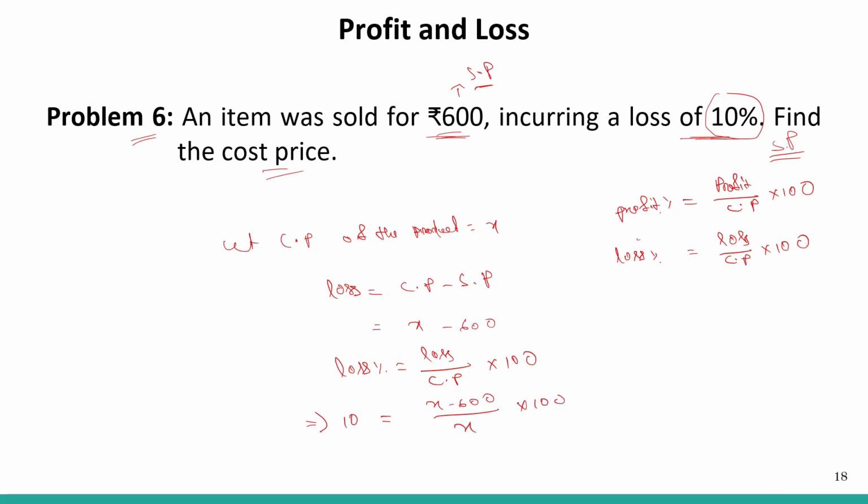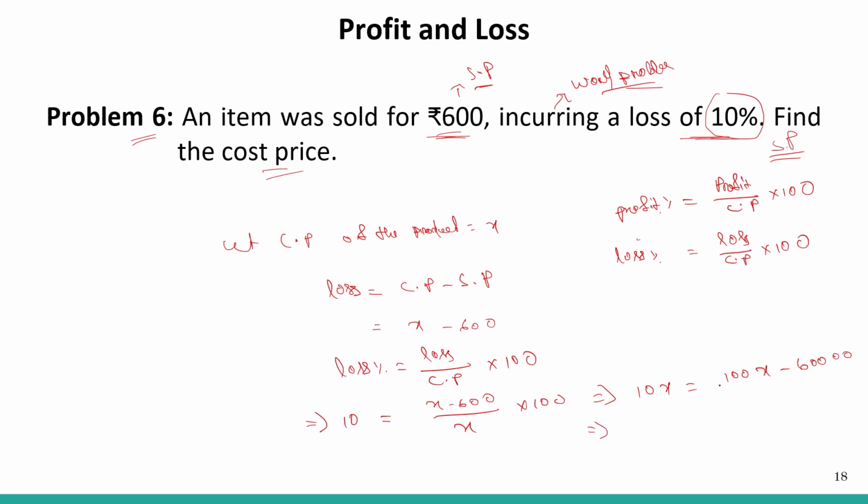As you can see, we have converted this word problem to an algebraic problem. So now 10x is equal to 100x minus 60,000.